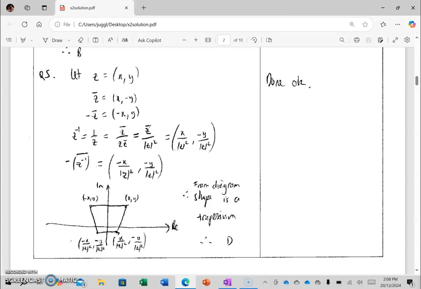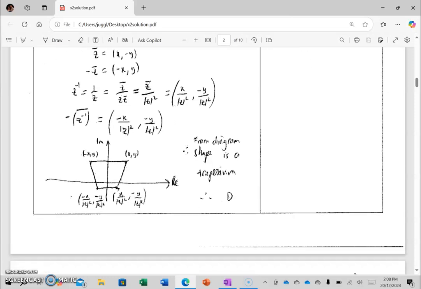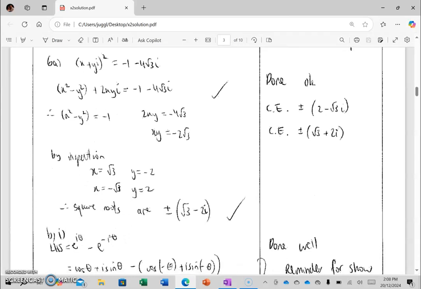So applying that here, you get a particular point. Then if you do the negative conjugate of that, you get this particular point here, and notice you've got the same y value. So you've got two sides that are parallel to each other. Therefore, the four-sided shape is a trapezium. The answer was D.